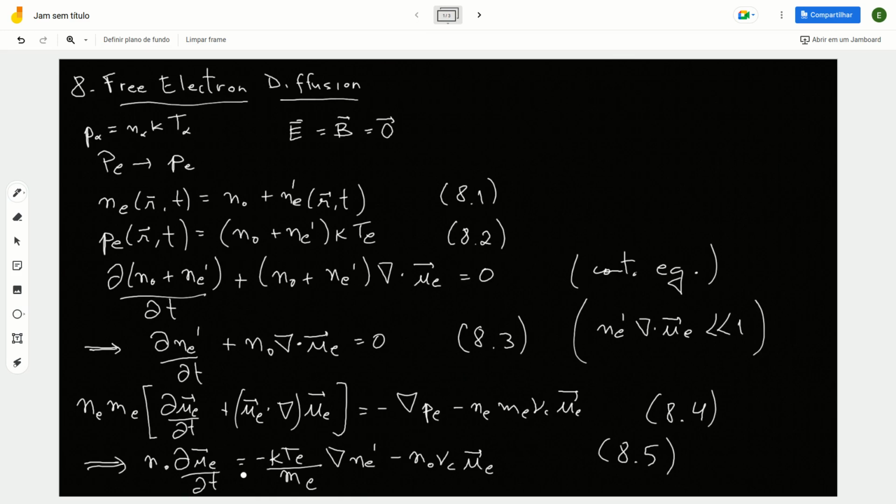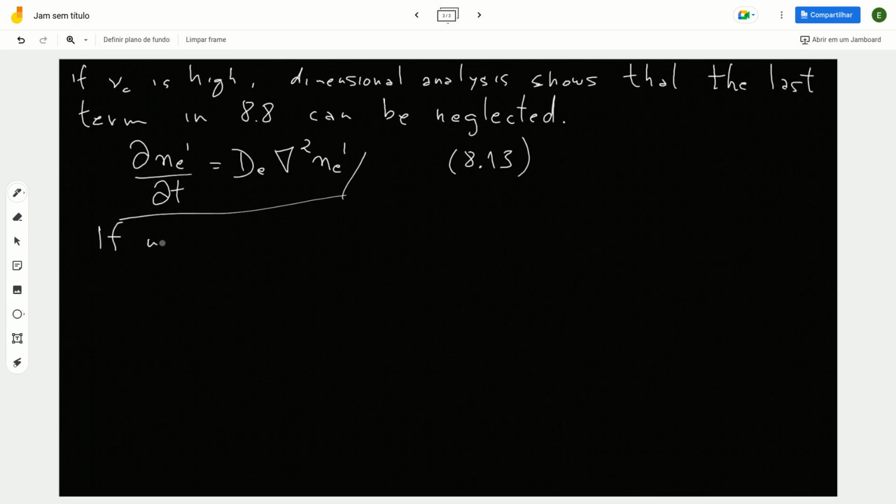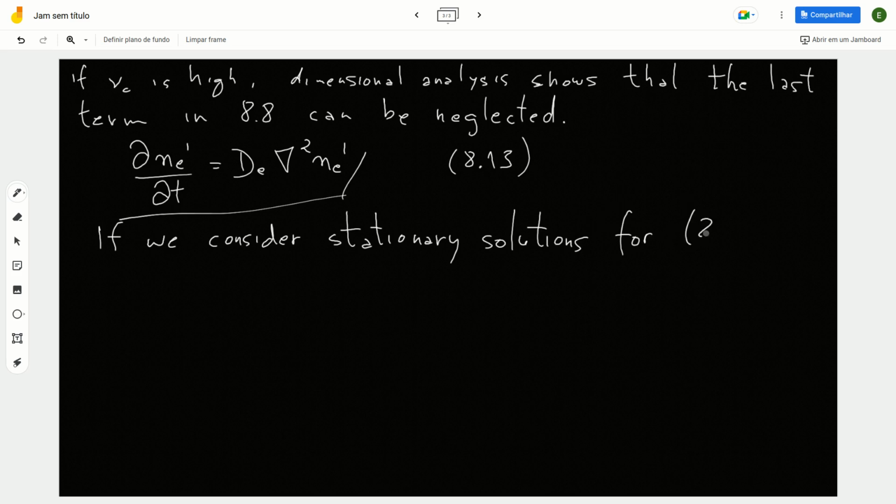If we take 8.5 and consider stationary solutions of this linearized equation, so we'll drop the time derivative here, then 8.5 reduces to this equation.